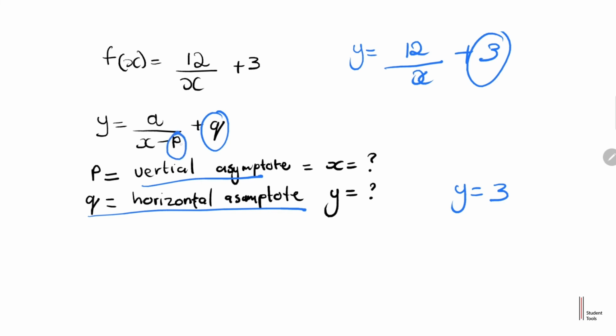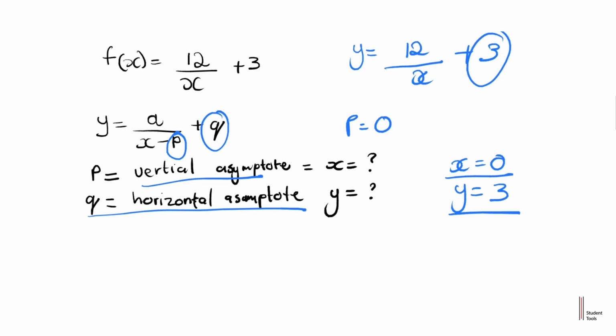And p here, we don't have p. So that means p is equal to 0, meaning that x is also equal to 0. So those are our two asymptotes. The vertical asymptote is x equal to 0, and the horizontal asymptote is y equal to 3. And that is just how we find those two asymptotes of this graph f.